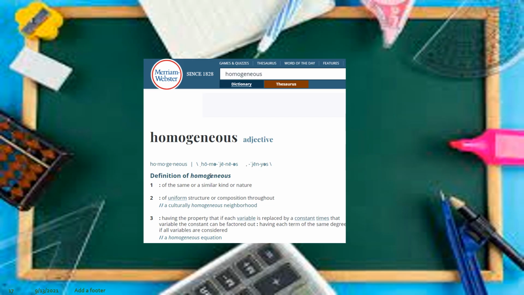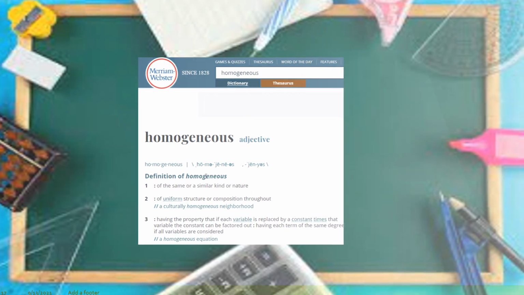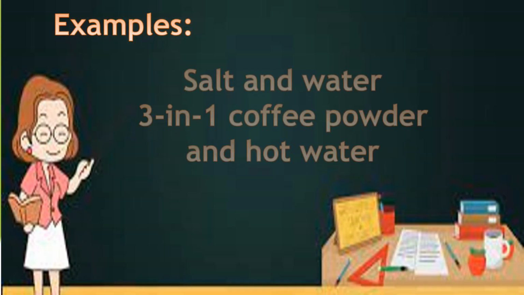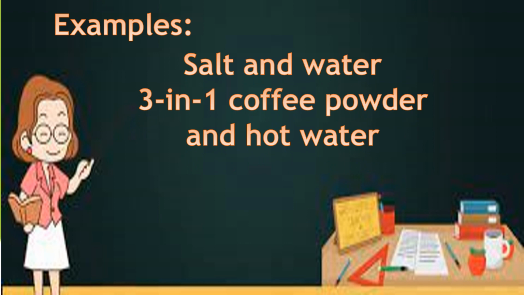So homogeneous here means the same or alike. Here are the examples of what we call the homogeneous mixture. We have salt and water, and 3-in-1 coffee powder and hot water.